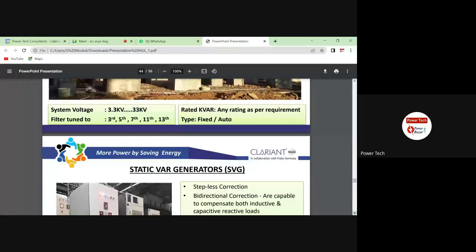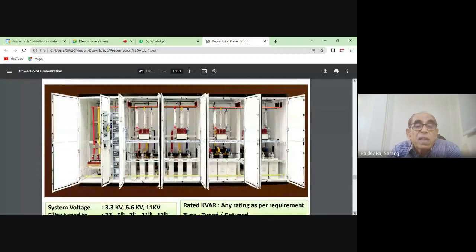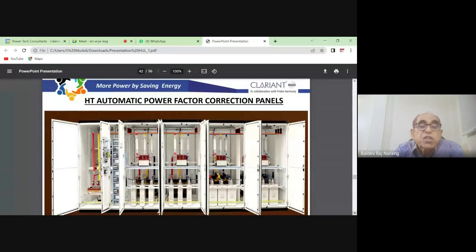These photos are basically of HT automation. Earlier we used to have only LT automation. Now up to 33 kV vacuum contactors are available, and we can switch the capacitors on and off. Vacuum contactors have a special capability, unlike VCBs. VCBs have a limited number of operations, and after that they fail.